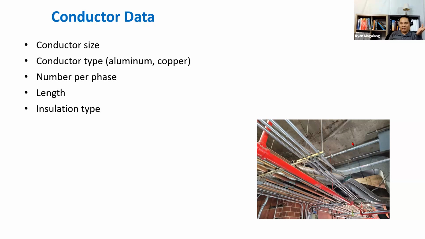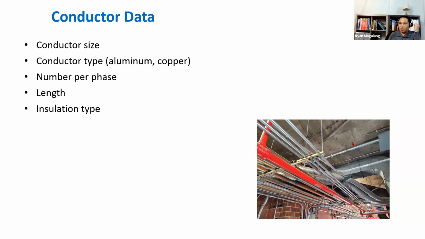So now that you're watching this, I'll take this opportunity to tell you that if you are planning to take your GEE exam, I highly encourage you that when you do your ER report, gather as much complete information as possible, including your conductor data, because it makes a lot of difference in the fault current calculation.